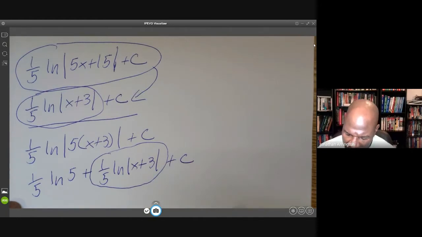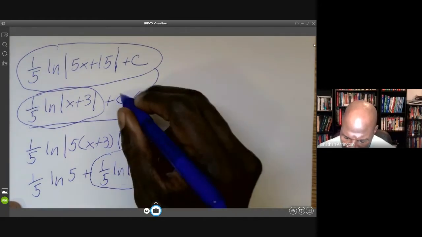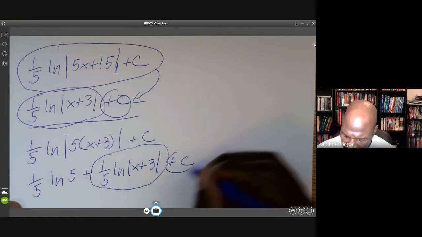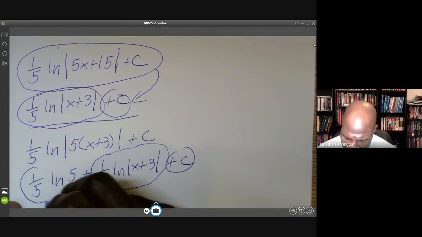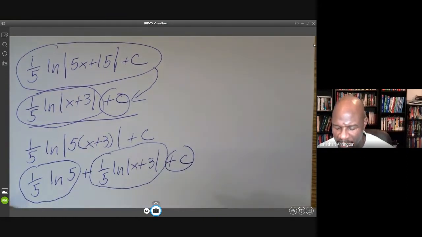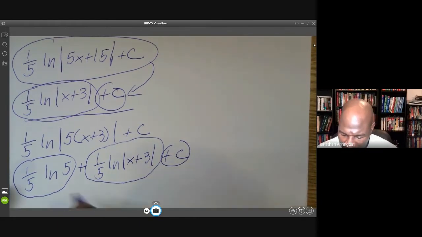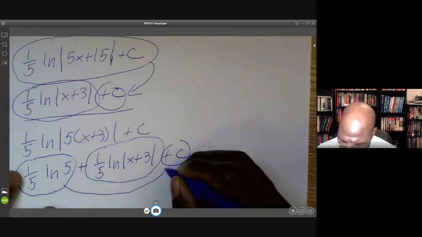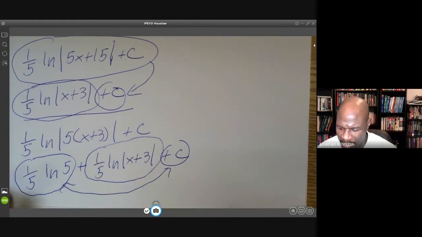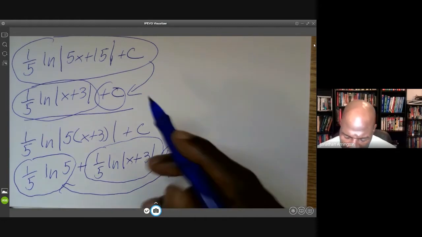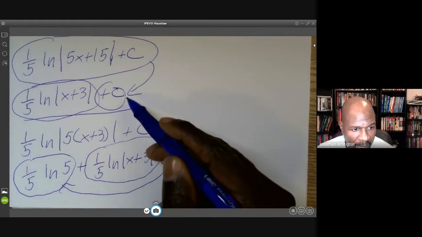But you may say, well, here is just plus c, and here you have plus c and also 1/5 ln 5. Well, the deal is 1/5 ln 5 is just a constant. And a constant plus another constant is just another constant. This c just means it's a general constant.